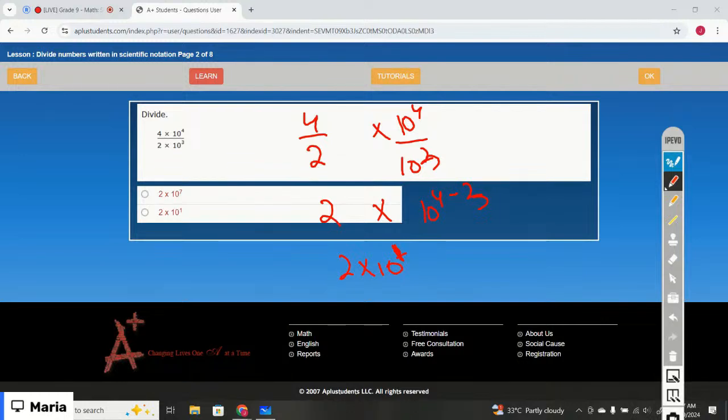So the correct option is 2 times 10 exponent 1. Let's just move on to the next one, right?